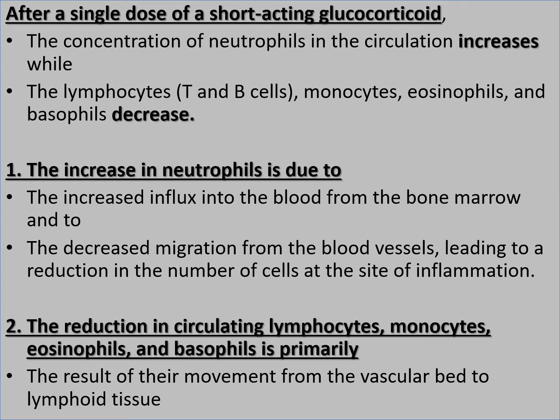The other effect is a reduction in circulating lymphocytes, monocytes, eosinophils, and basophils, as a result of their movement from the vascular bed to lymphoid tissue. This is also a mechanism of action of steroids as anti-inflammatory.